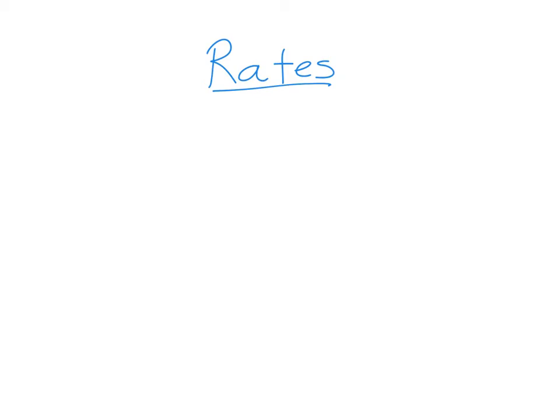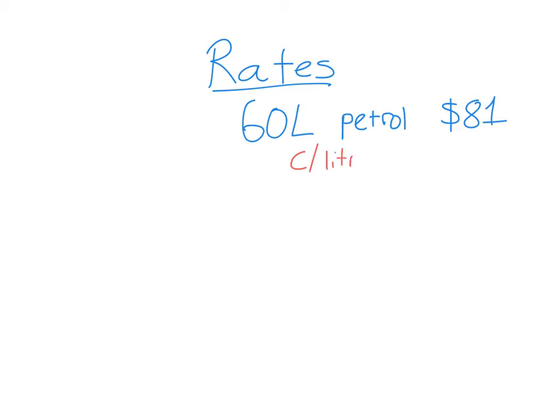So let's say, for example, that I buy 60 litres of petrol, and let's say it costs me $81. I wish it only cost that at the moment. So we can write this as a rate. So I might want to do cents per litre. So I want money per litre. So I have to go money.